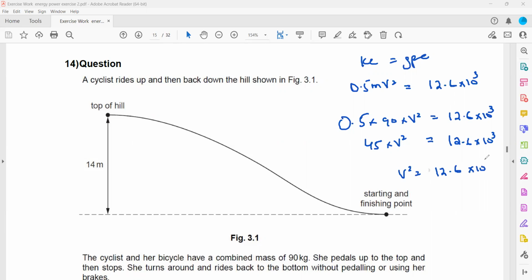So 12.6 into 10 power 3 divided by 45. And after that, take the square root. So the square root of 12.6 into 10 power 3 divided by 45. What's the final answer? Her speed.